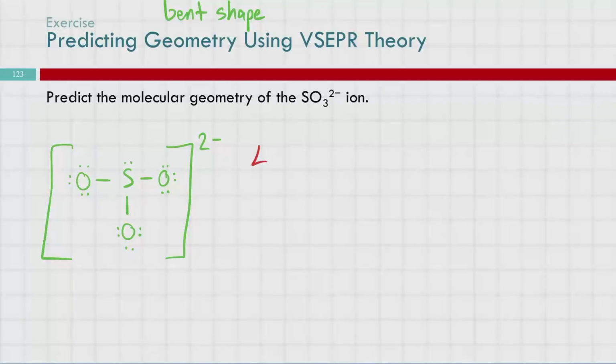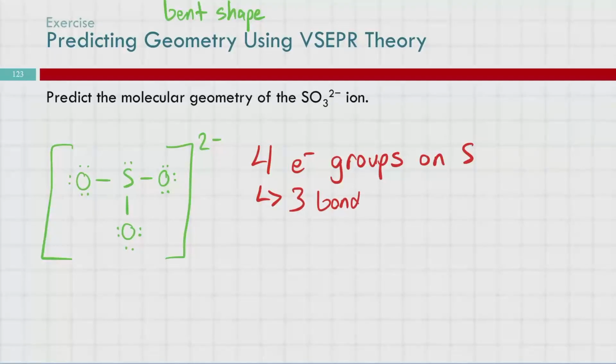4 electron groups on sulfur. How many bonding groups? 3 bonding groups. That means that we must have 1 lone pair.